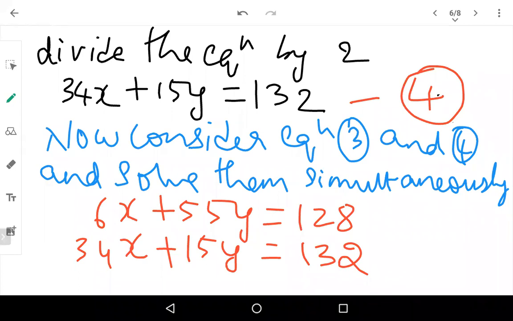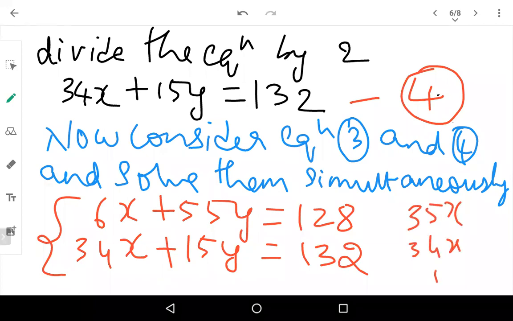Now let's do one thing. We want to get this number the same. If you multiply 6, you get 6 sixes are 36. But here we have 34. So that will not work, Aishwarya. Into 5 for equation 3: 6 fives are 30. Then it becomes 30x, and this is 34x.